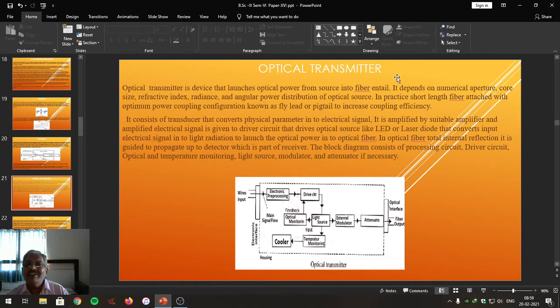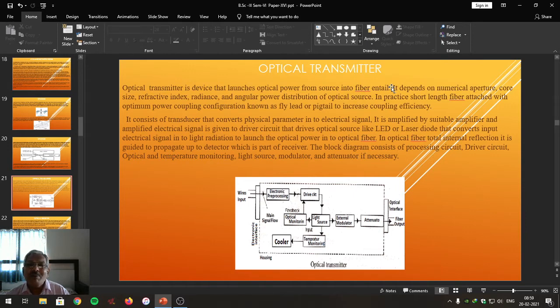The electronic circuit that launches the maximum optical light radiation into the optical fiber is referred to as the optical transmitter. That's why we can say that the optical transmitter is a device that launches maximum optical power from the source into the fiber tail.